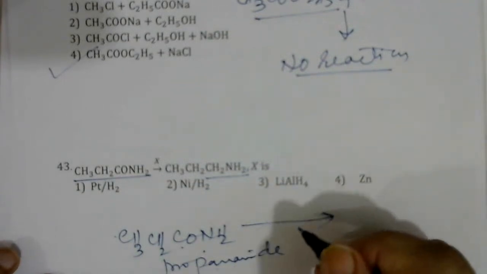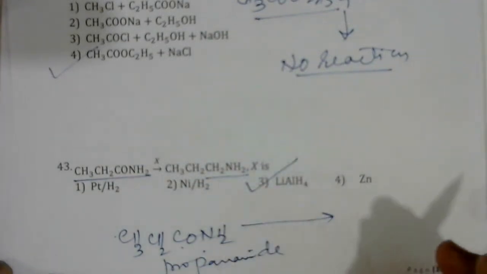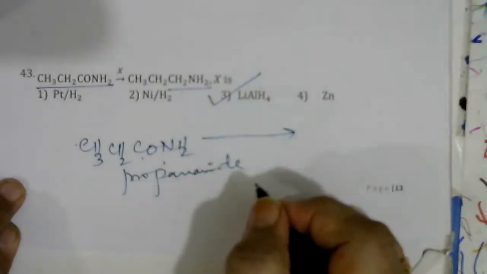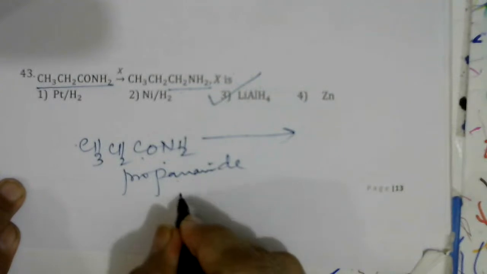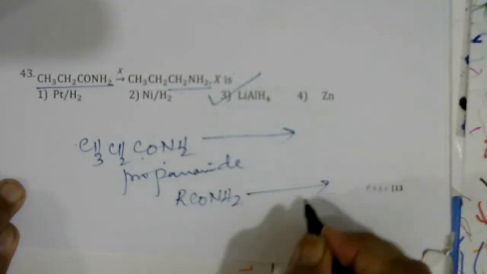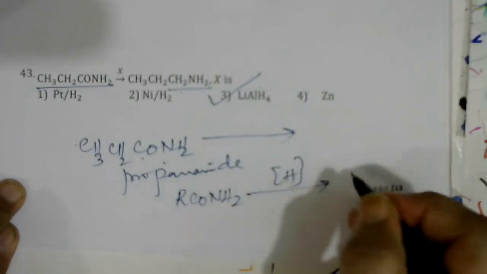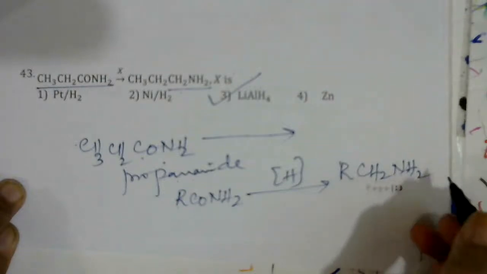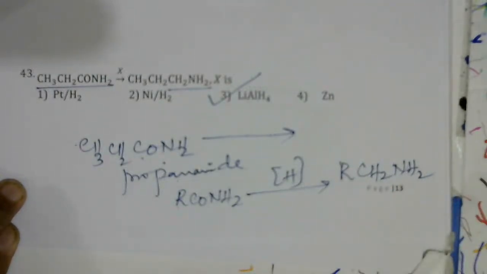The best reducing agent is lithium aluminum hydride. Always remember that whenever the amide, I'll take the general equation here just to observe the reaction. Amide undergoes reduction, partial reduction, and is converted into RCH2NH2. That is reduction.